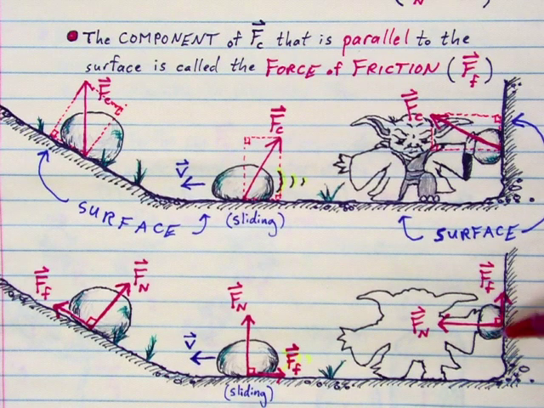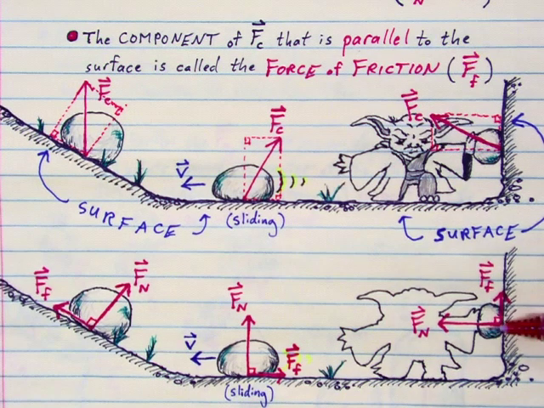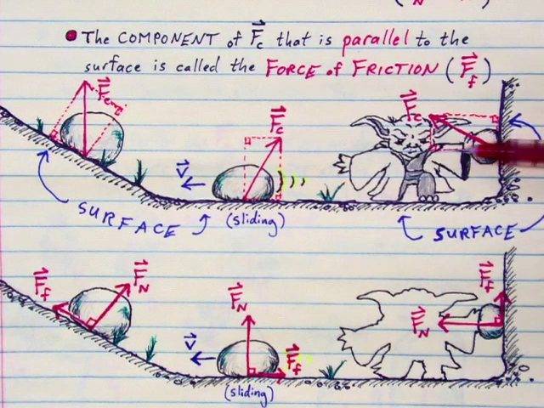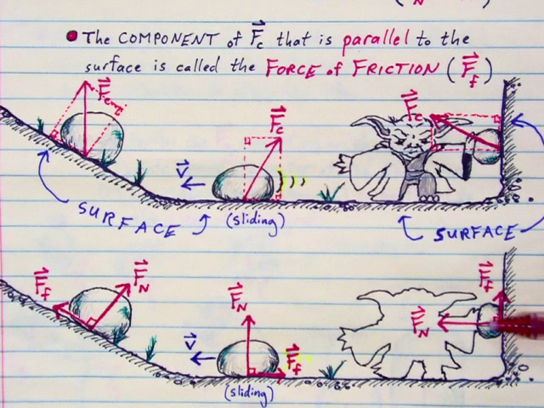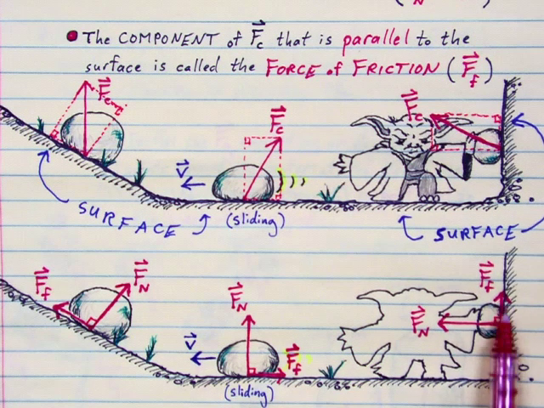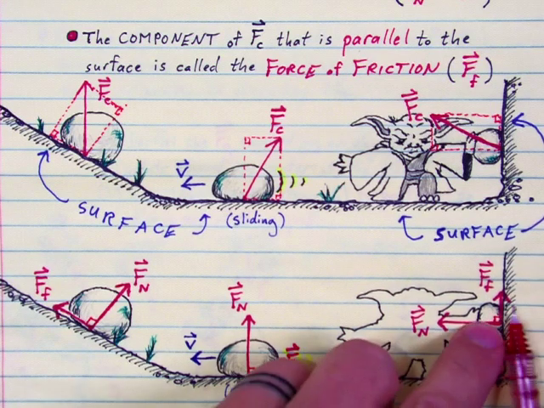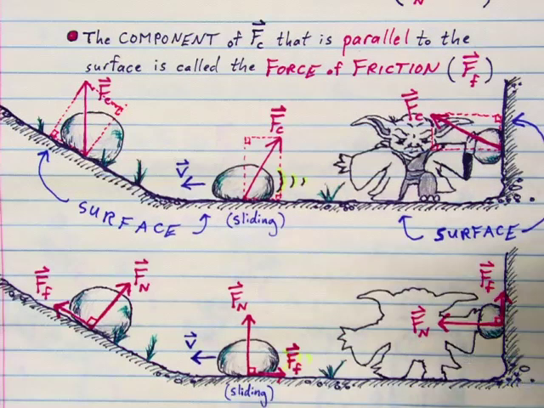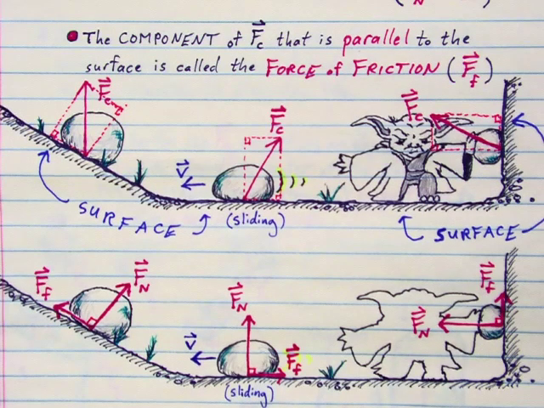For the stone being pressed against the wall, the normal force here is pointing straight out to the left, perpendicular to the surface. This normal force is tilted all the way 90 degrees. And here friction is pointing straight up. It's friction holding the block against the wall, opposing gravity, which is, of course, pulling the block down. So these are the two components of the force the wall is exerting on the stone.